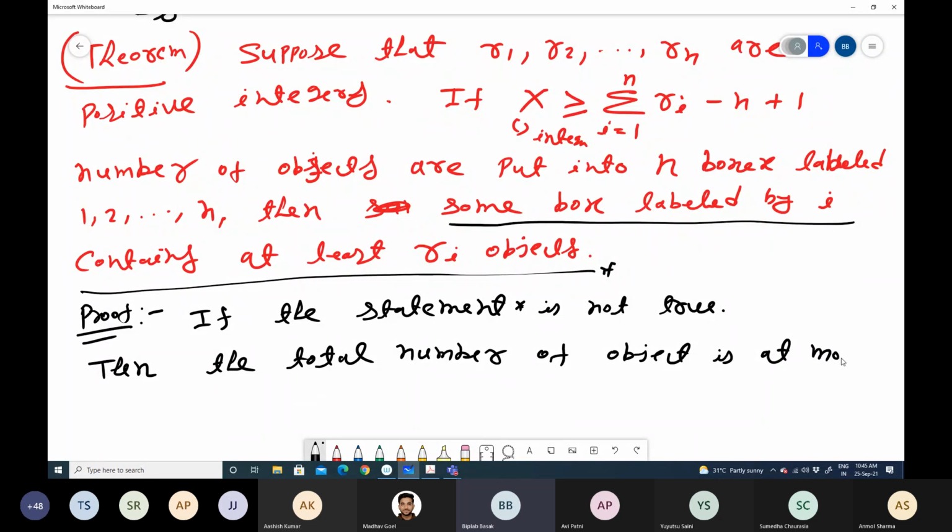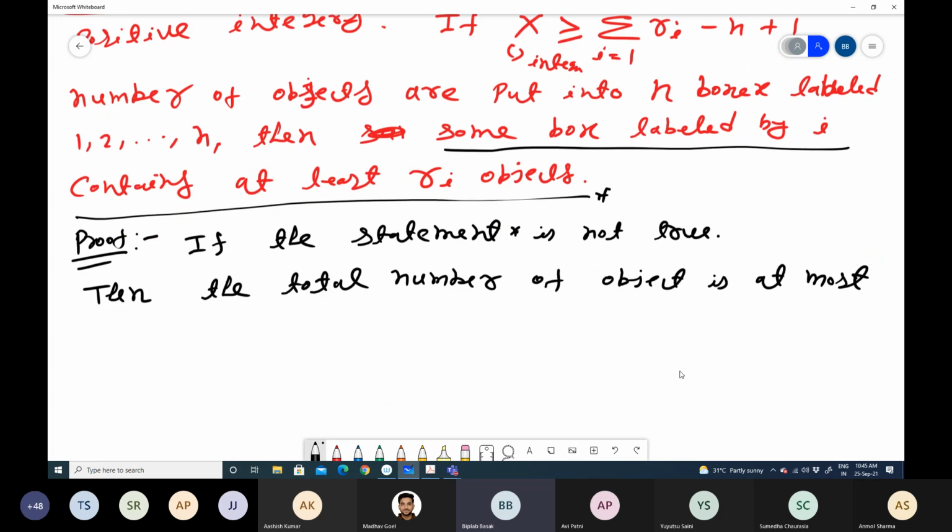Okay. So here we are saying that some box labeled i contains at least ri objects. So if this statement is not true, that means all the boxes contain at most ri minus 1 objects.